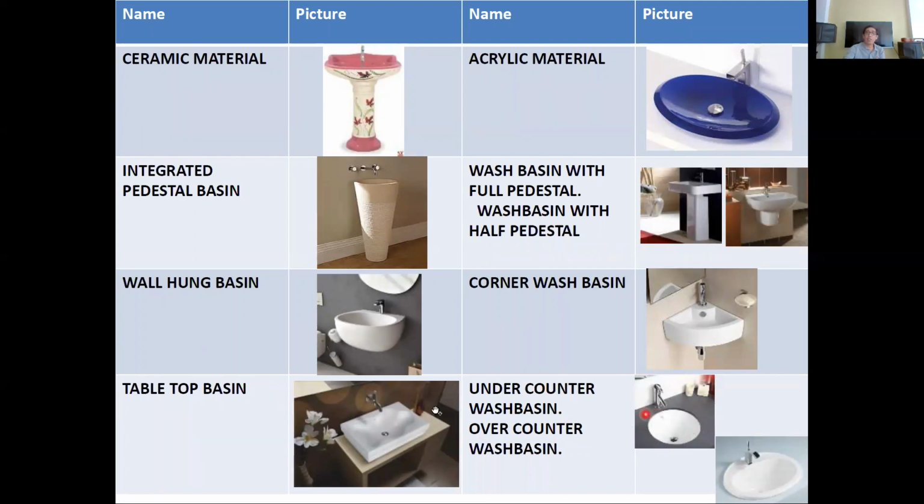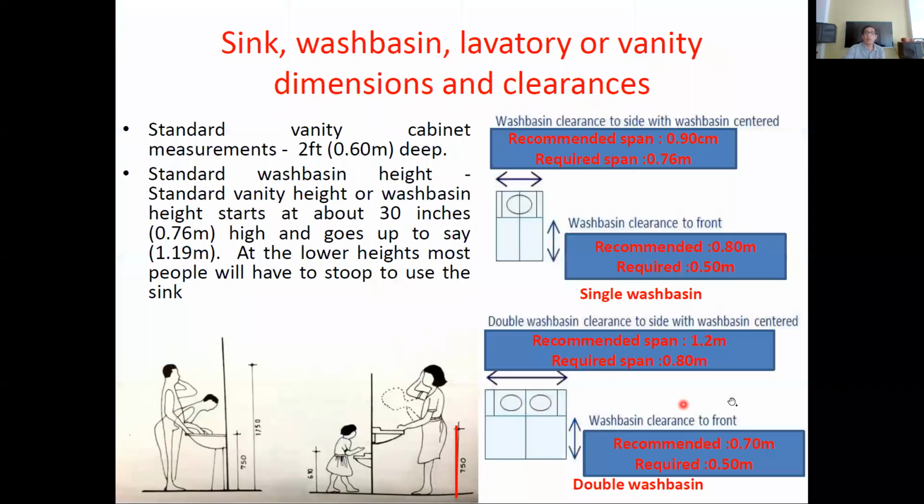The cabinet width is sometimes about 2 feet or more than 2 feet, sometimes about 75 centimeter. You're using a standard cabinet depth. There is a recommended open space of about 0.80 in front of the wash basin, or about 2 feet.